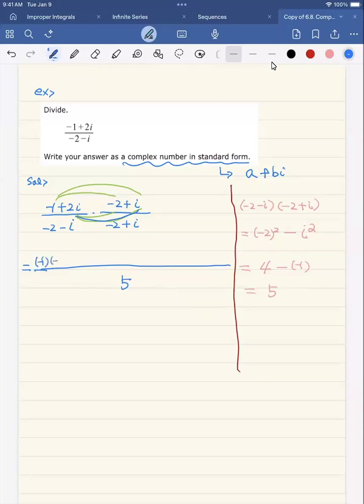Minus 1 times minus 2 plus minus 1 times i plus 2i times minus 2 plus 2i times i. So denominator is 5 and numerator is 2 minus i minus 4i minus 2.